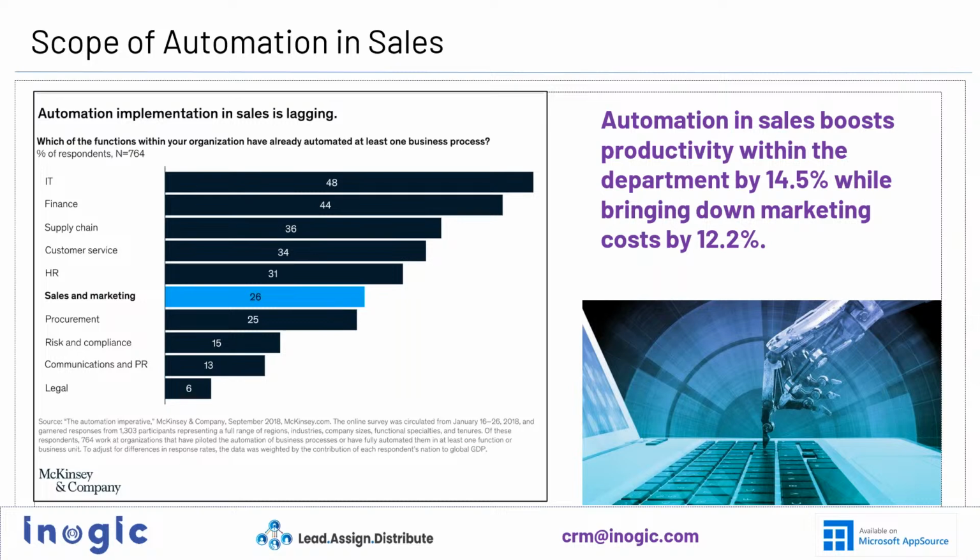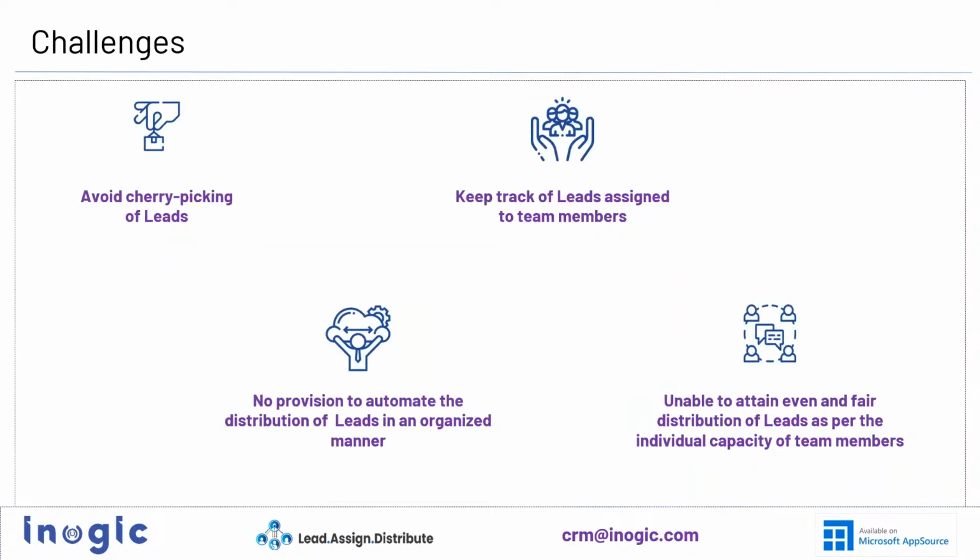Before we discuss the lead assignment and distribution automation in detail, here are some of the common challenges that most organizations usually face when it comes to automatic lead assignment or record assignment. Well, the first and foremost is definitely the cherry picking of the leads or the records. The sales representative, the service representative, or for that matter, any CRM user can cherry pick the records based on their convenience.